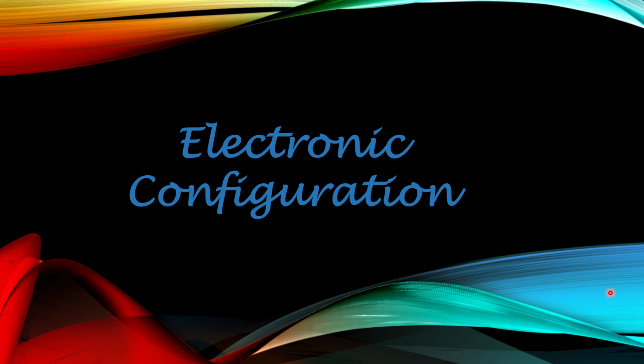But in this class, today we will learn the electronic configuration in a different way. In junior class, we didn't get any idea about orbitals. But today in this class, we will get an idea about orbitals, and we will do the electronic configuration by using different orbitals.